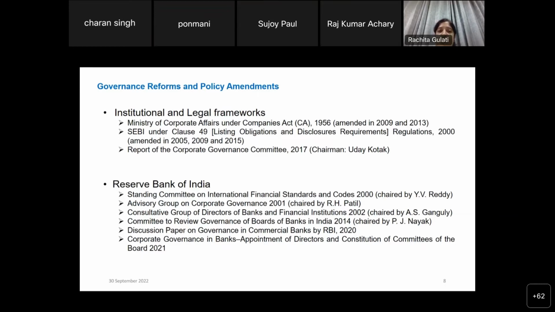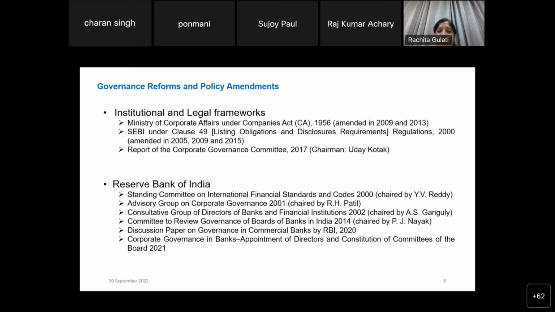This was the initial committee, which recommended the OECD guidelines for corporate governance to be followed by the banks, and defined certain norms to be followed by the banks since then. The committee entrusted the task to the Advisory Group on Corporate Governance in 2001, which was chaired by R.H. Patil.